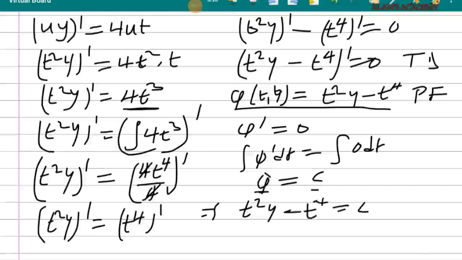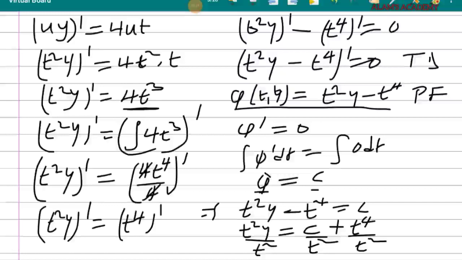We are looking for y, so therefore we group like terms and then we divide through. So t squared y is equal to c. This negative going across becomes positive t exponent 4. So we divide through by t squared, and then your solution is going to cancel this, leaving c over t squared plus this, and then this t squared goes into itself once, leaving t squared.